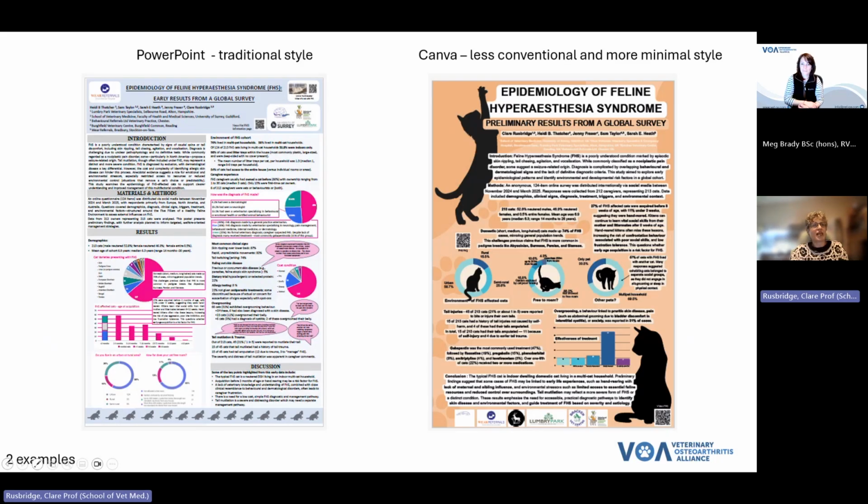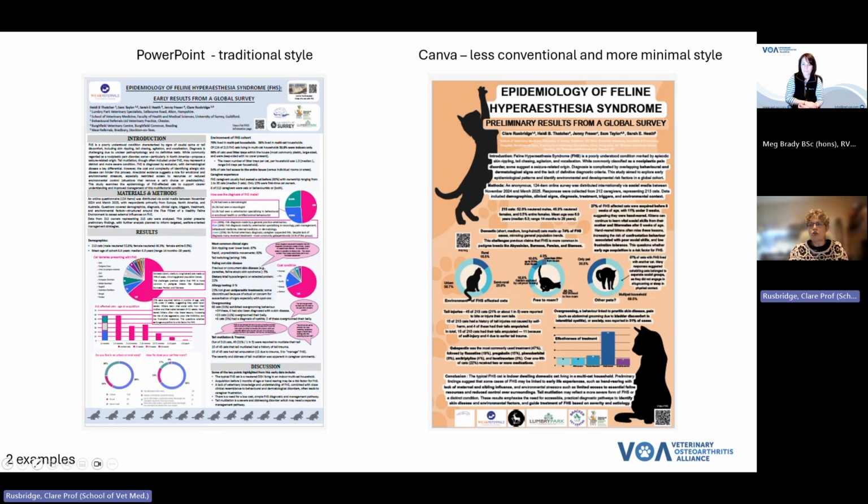Very slight difference in the results of them. And on the left-hand side of the screen, we can see a PowerPoint style, very traditional in columns. And then on the right-hand side, we can see a Canva style, which is much less conventional and more visual.